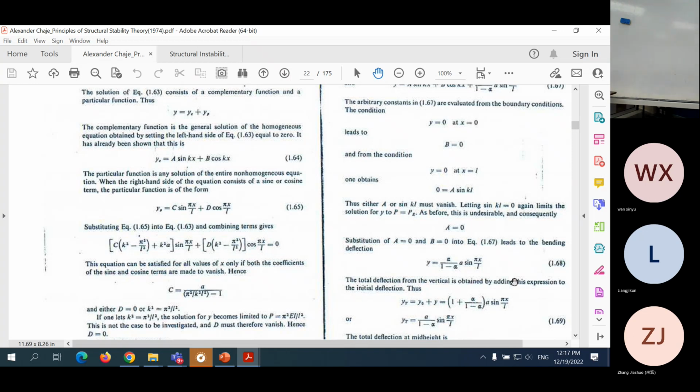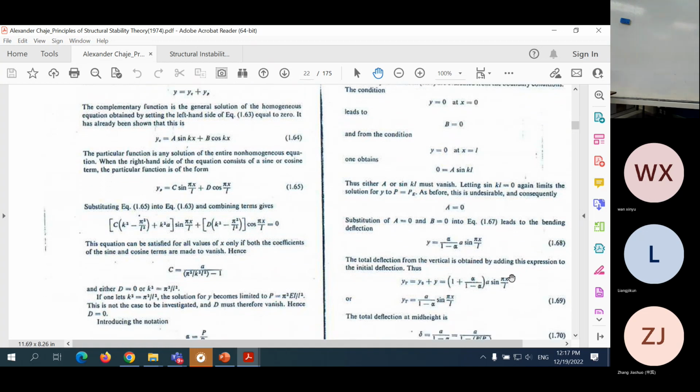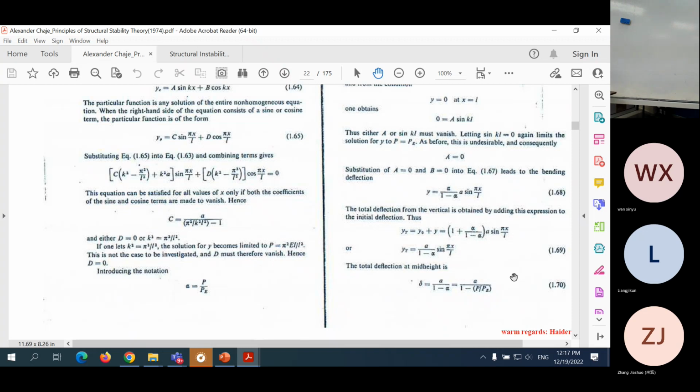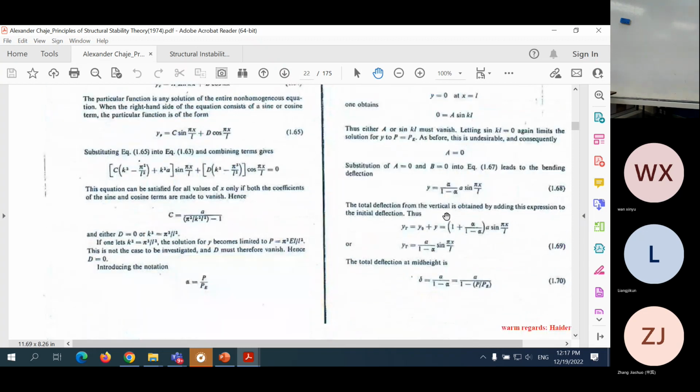Okay. So here I just want you to go through the derivation process. And here it is not clear. Refer to your notes, please. Then the total deflection at mid height, from here, we put x equal to L over 2. Then we get to these important equations that we can use to understand the behavior of a column.